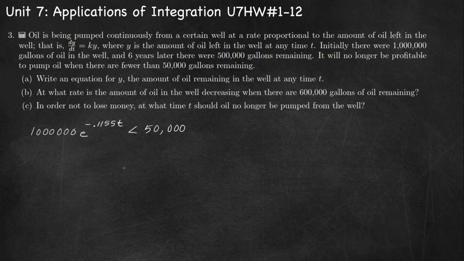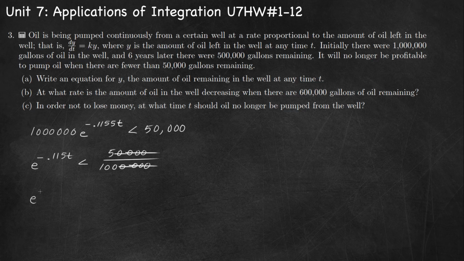So we're going to solve this one on the calculator, but to save me from having to use a really large viewing window, let's simplify a little bit. If I divide both sides by 1 million, I get e to the negative 0.1155t is less than 50,000 over 1 million. Okay, so right away I can do that, and then 5 over 100 is 1 over 20.